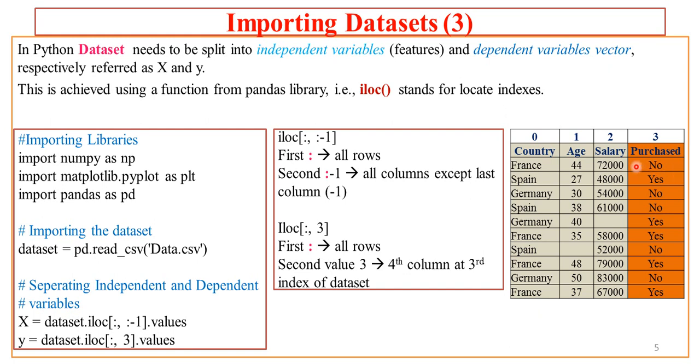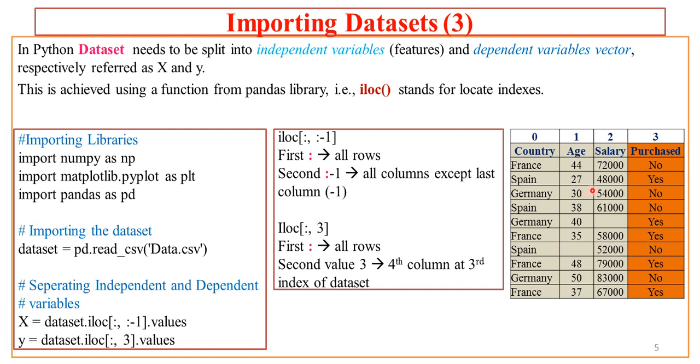That means looking at the data set values, we can easily find that some client from France having some salary has not purchased the item. Again, we have one more France entry, a client from France having age 35 and a certain salary, who has purchased some item of the company.